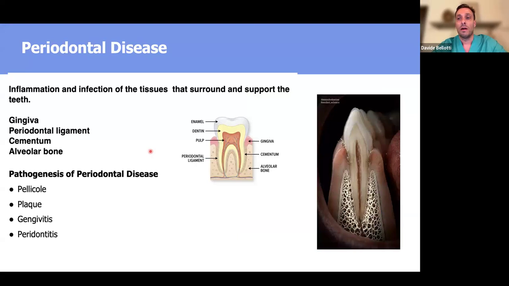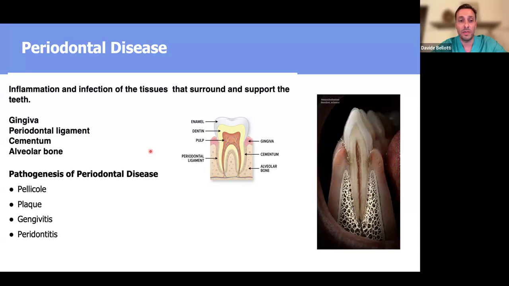So we know that periodontal disease is an inflammation, an infection of the tissues that surround and support the teeth. So what's the periodontium? It's the supporting tissue of the teeth: gingiva, periodontal ligament, cementum, and alveolar bone. And this is the tissue that gets inflamed.